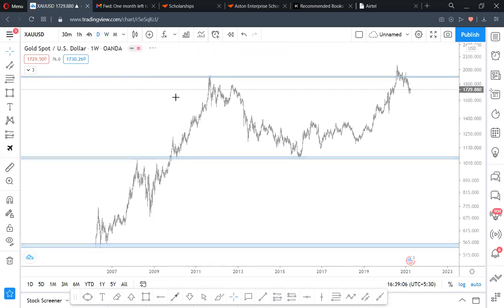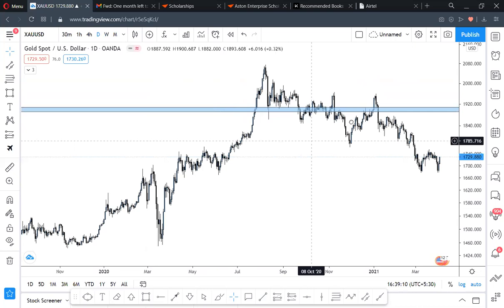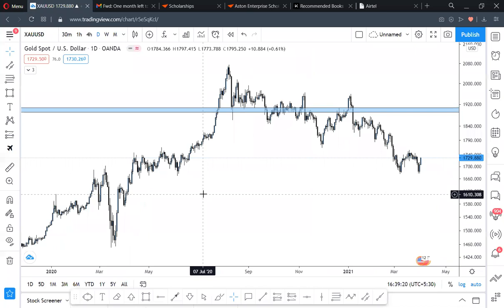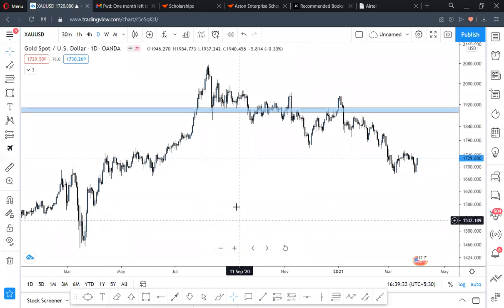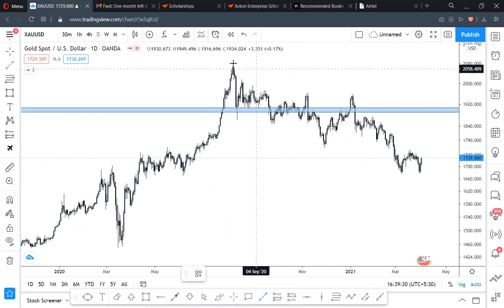Let's go down to the lower time frame. I wanted to see it come down to that COVID price level, but I'm not sure that it's going to do that yet. Okay, so let's draw a trend line.